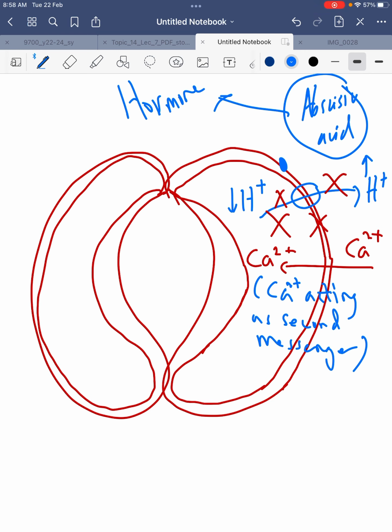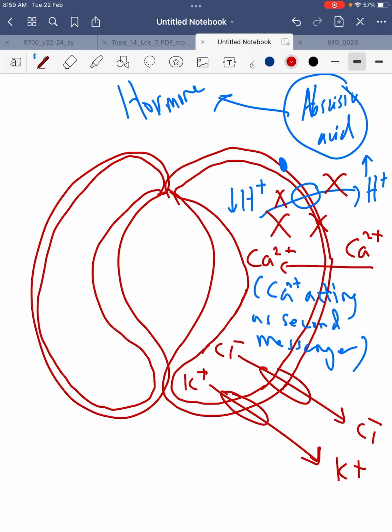Because of this, the calcium will cause chloride ions to leave. So now we can draw the chloride leaving, followed by potassium ions leaving.